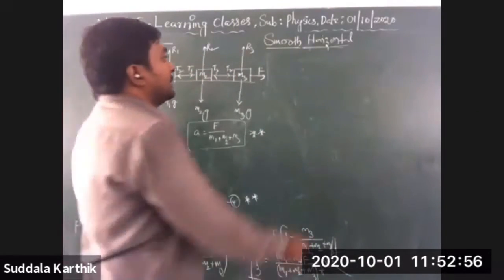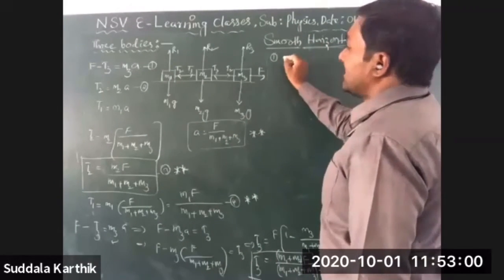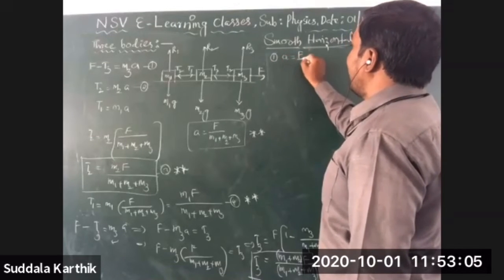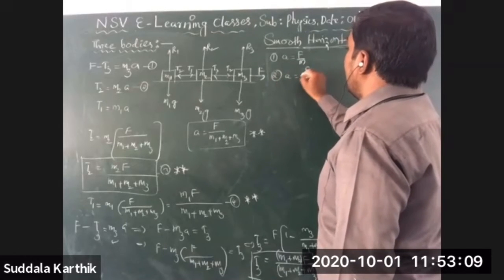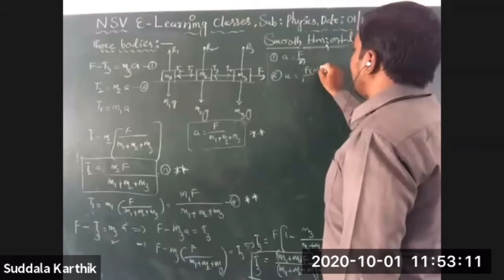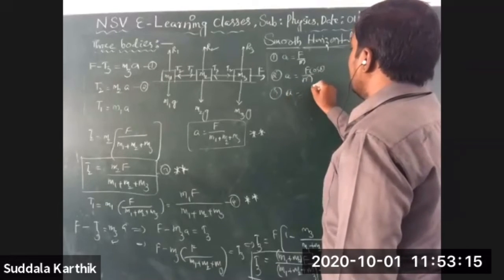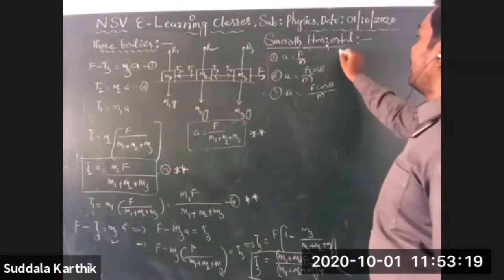So that's why simply smooth horizontal surface. First one is what is the formula, Nana? Simply a is equal to F by m. Second one is a is equal to F cos theta by m. Third one is also a is equal to F cos theta by m. That is about one body.